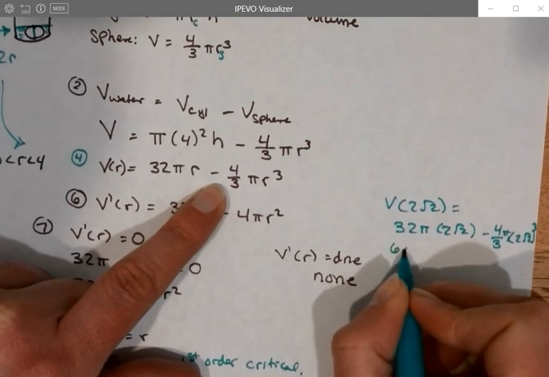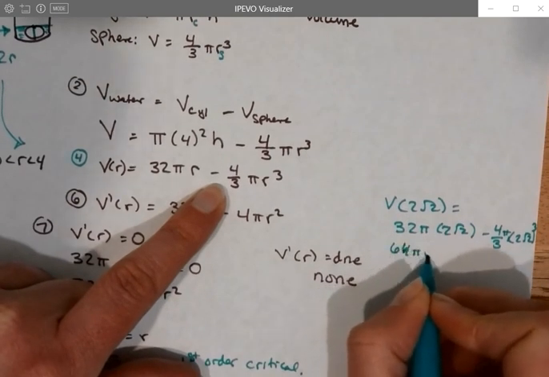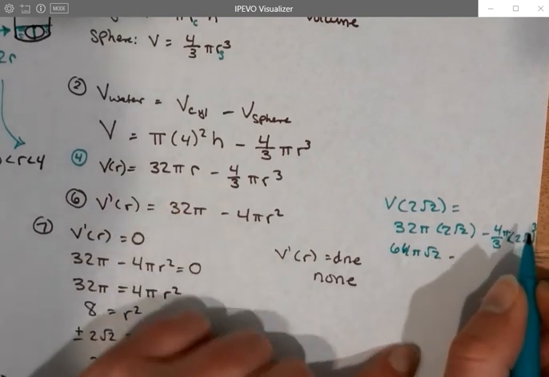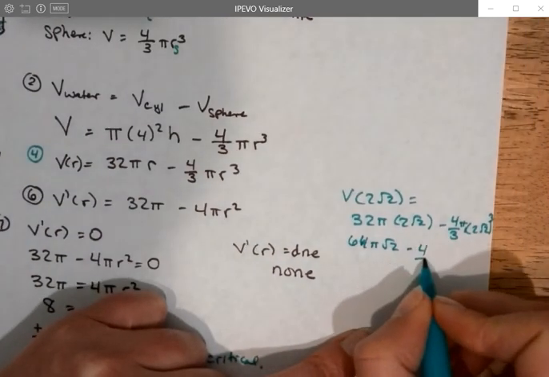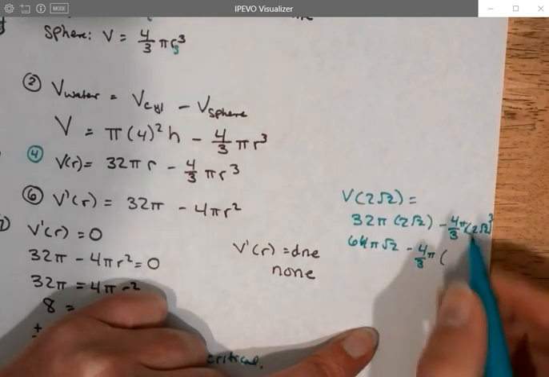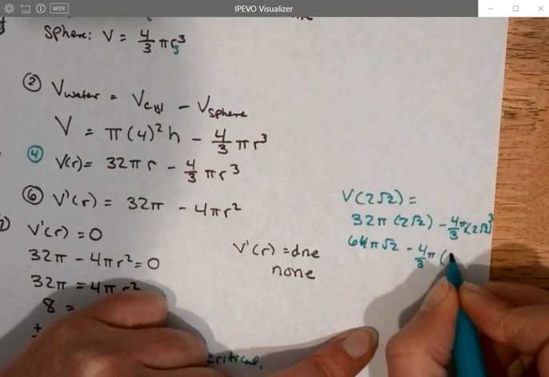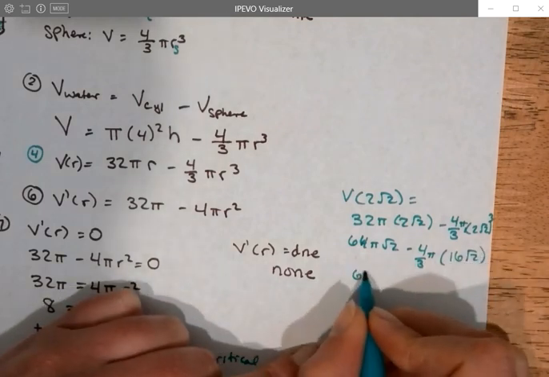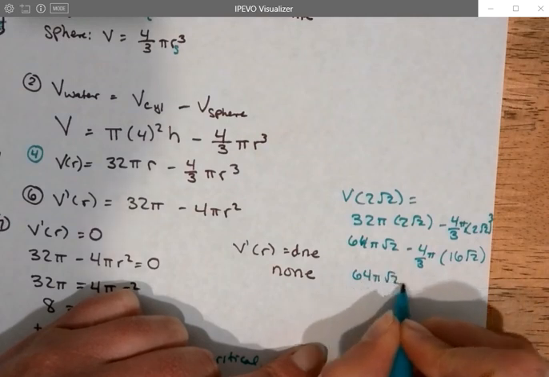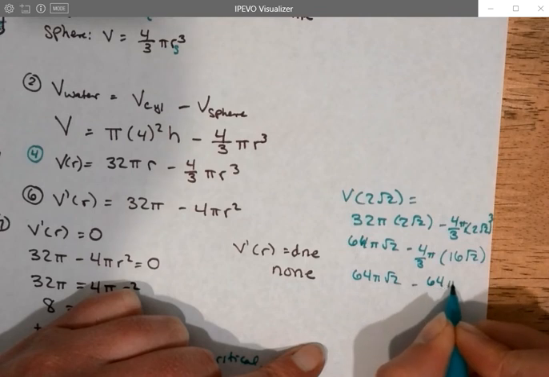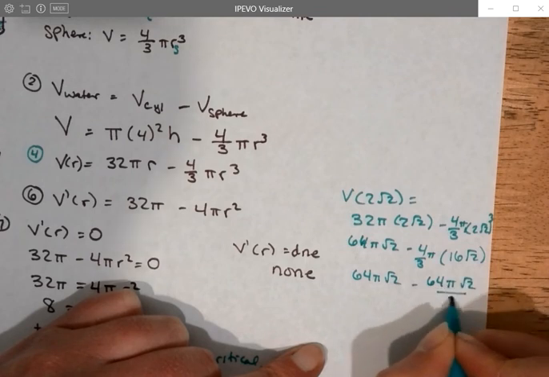So 64 pi times the square root of 2, and then this is 4 pi thirds times, if I cube 2 square root of 2, that's going to be 8 times 2 is 16 square root of 2. So 64 pi square root of 2 minus 64 pi square root of 2 over 3.